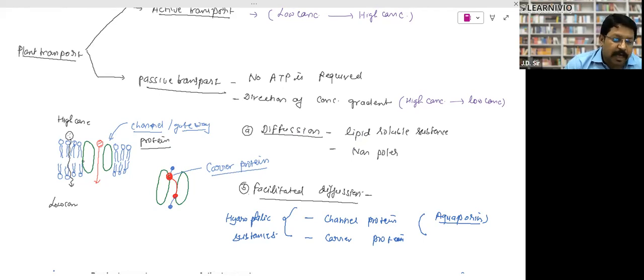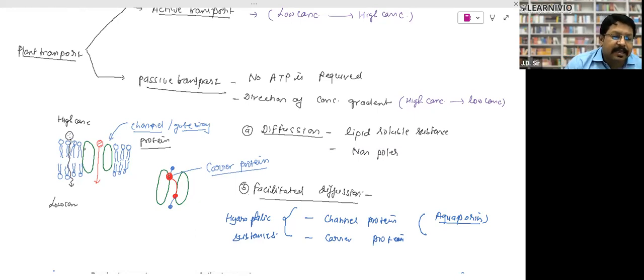This is the structure of the plasma membrane. This is the bilayer of lipid. These are the molecules of lipid. The head part is hydrophilic and this tail part is hydrophobic, right? Hydrophilic means water soluble or water loving part. Hydrophobic means the water repelling part, right? So lipid soluble substances directly diffuse from the higher concentration to lower concentration through this lipid bilayer, right?